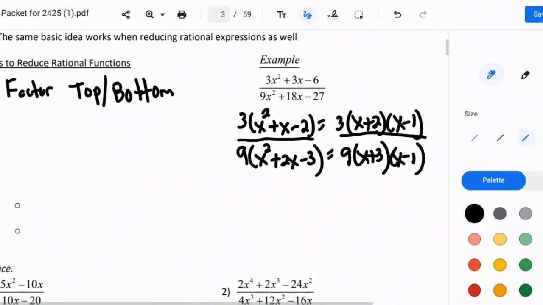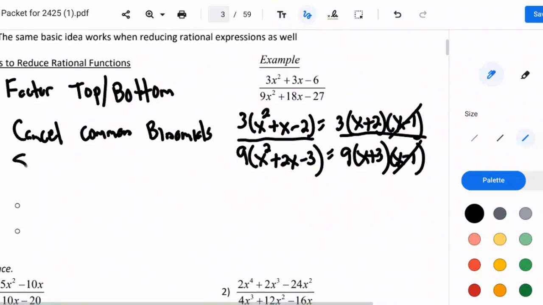We're going to do our canceling now. So cancel the common binomials. So let's see what we have for my binomials now. I think we have an x minus 1 on the top and bottom.